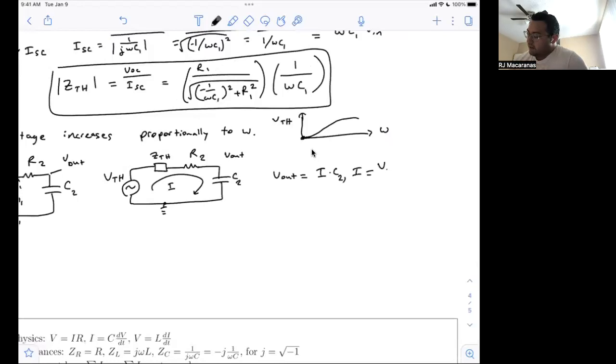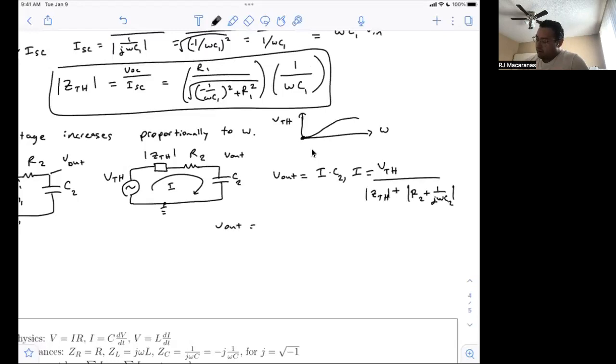Well, we're applying V Thevenin over this whole network. So ZTH is already given as a magnitude, right? So there's that. And then we want to figure out the magnitude of the rest of this, R2 plus 1 by j omega C2, if you're looking for the magnitude of this. And we're multiplying, okay, so that's that current there.